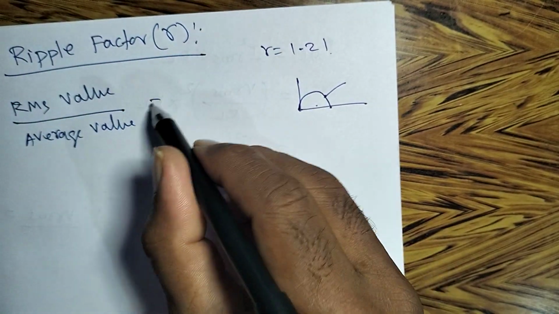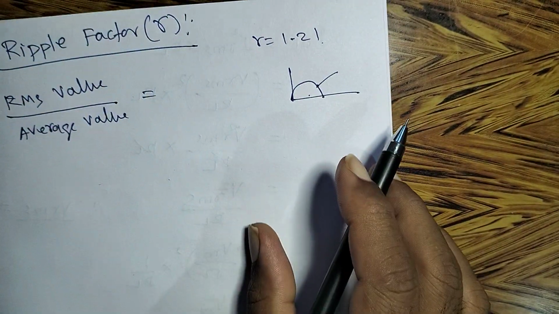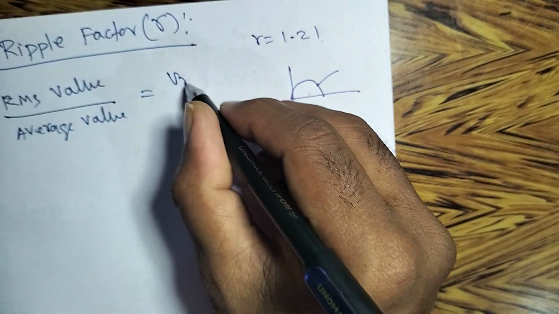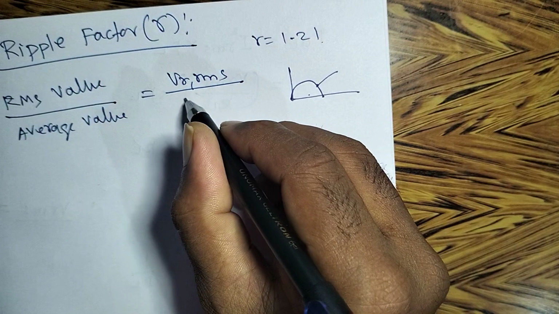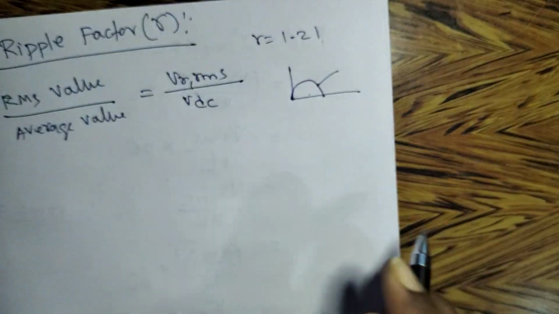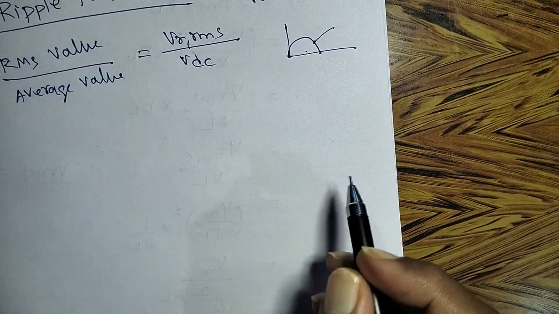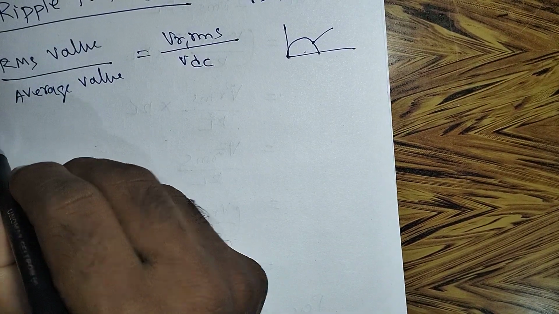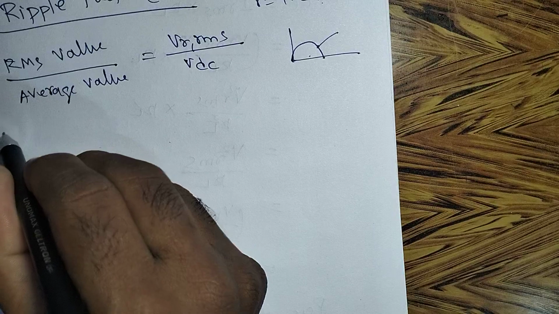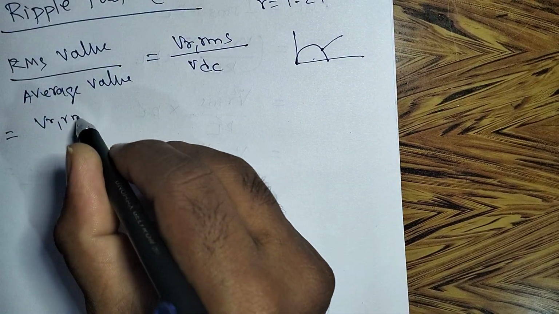So this is VR RMS divided by VDC. This is the expression for ripple factor. Now we need to find out this R equal to VR RMS divided by VDC.